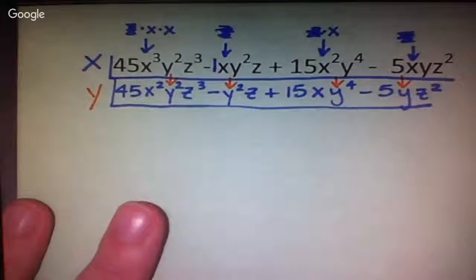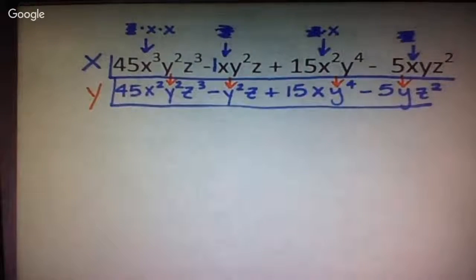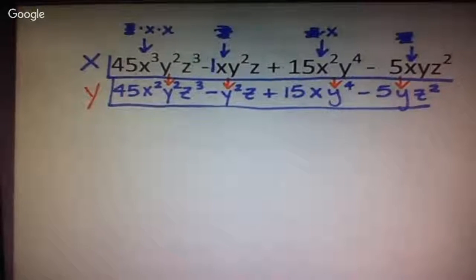Will it always be one of one variable? Not necessarily. If I had something like y to the 6th plus y to the 5th plus y to the 4th plus y to the 3rd, this one has 6, this has 5, this has 4, this has 3.